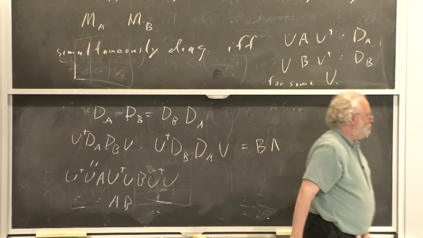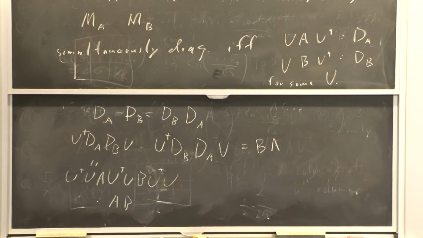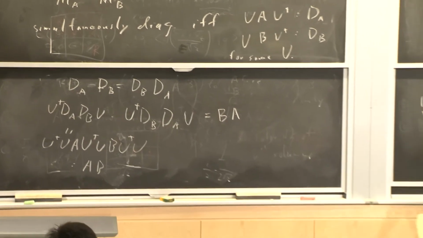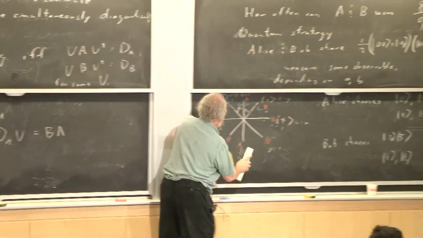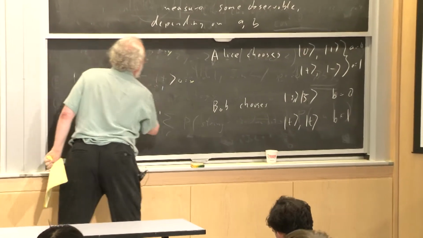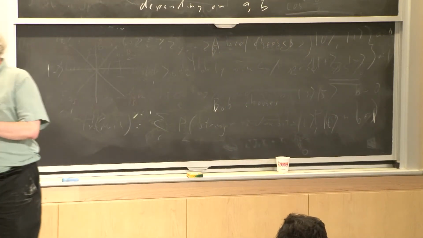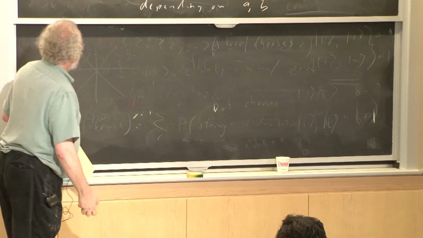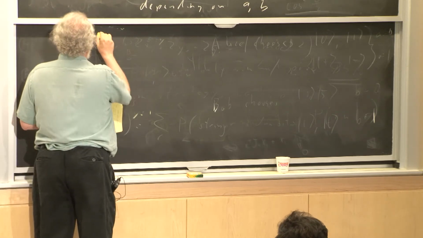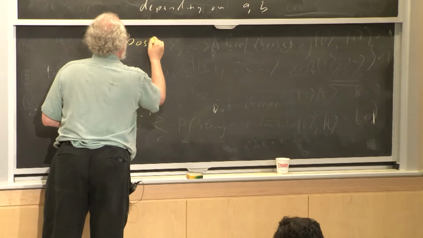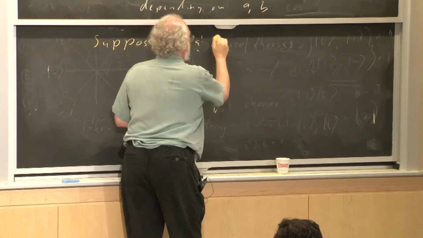Okay. Yeah, this is the one I should erase. Okay, so now suppose A and B commute.